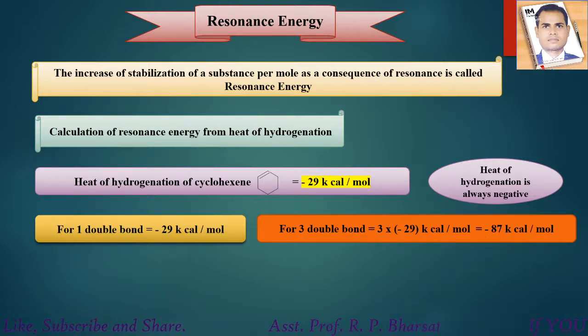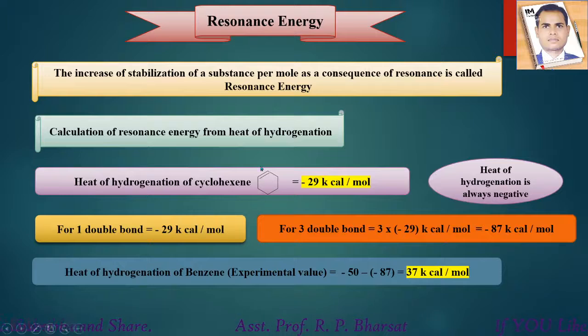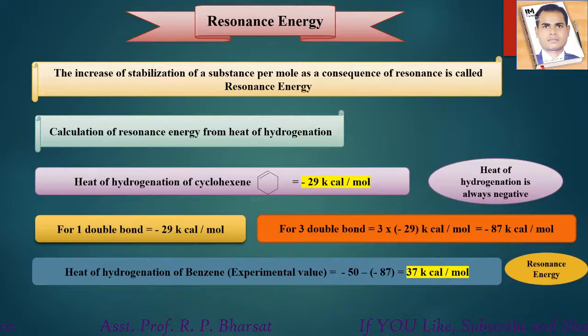That much value will be for 3 double bonds, and this is a theoretical value. Now we have to see the experimental value, that is the heat of hydrogenation of benzene. This is for benzene, and that is minus 50. Minus 50 minus, in brackets, minus 87 is equal to 37 kilocalories per mole. And this is the resonance energy for the benzene molecule.